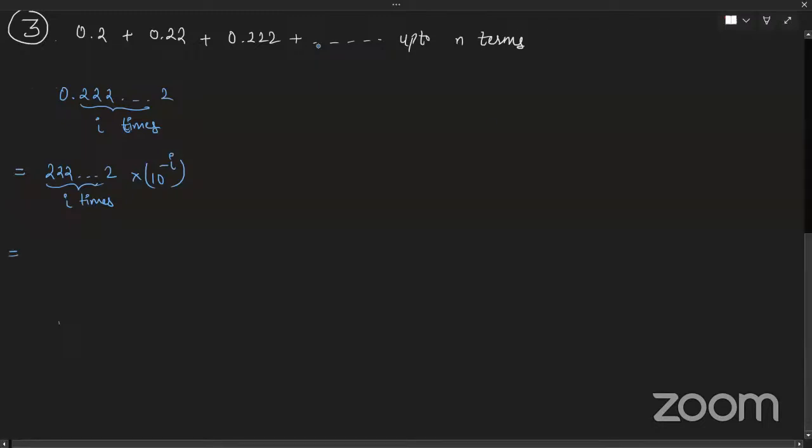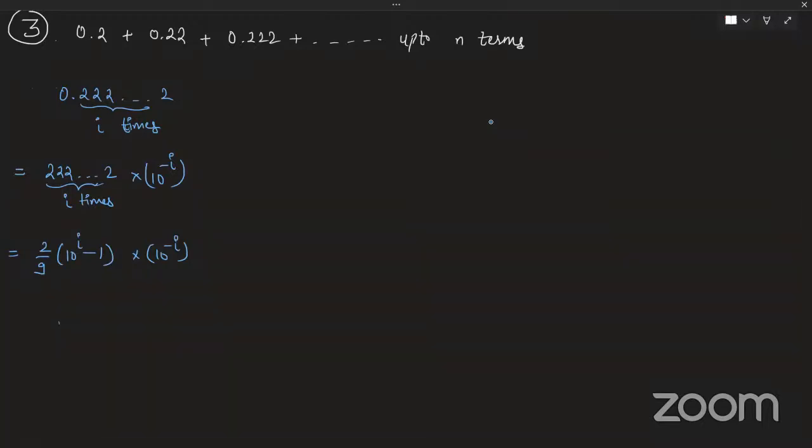So how can we write the value of this number in which 2222 is coming i times? It is 2 by 9 into 10 raised to i minus 1, multiplied by 10 raised to minus i. Apply the distributive property and send 10 raised to minus i inside the bracket.